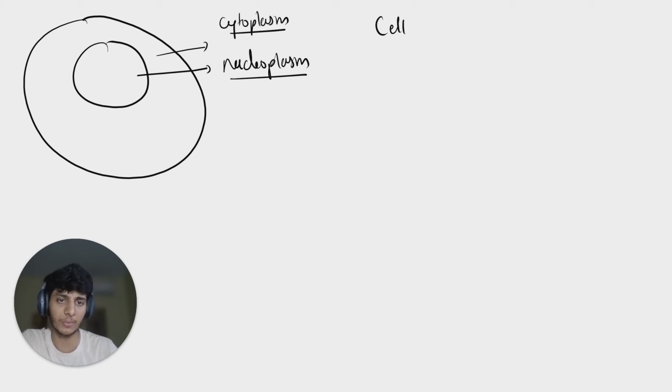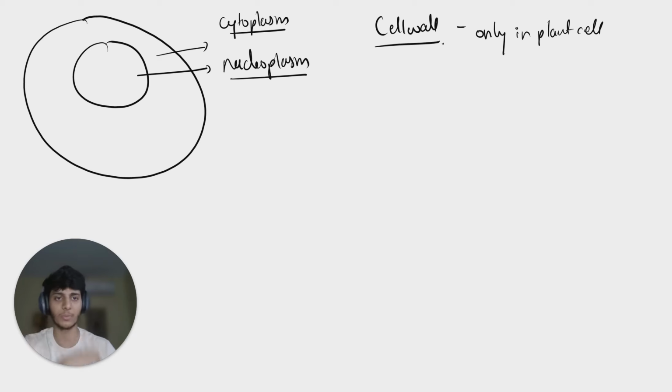The cell wall is present only in plant cells. This is important. What does it do?